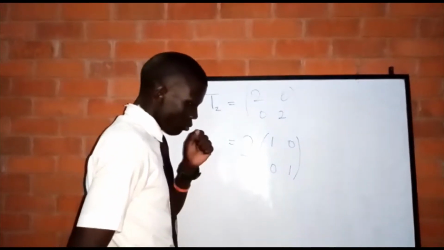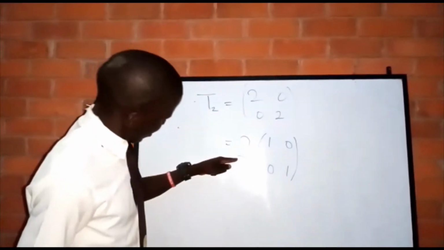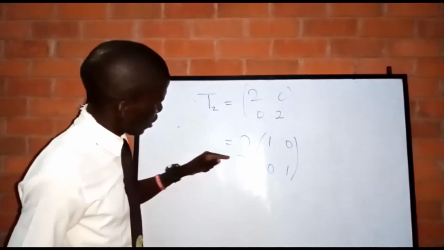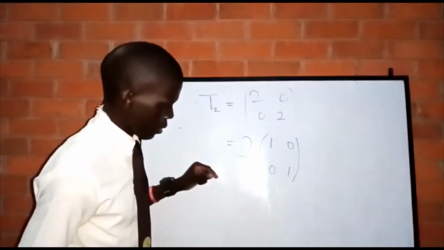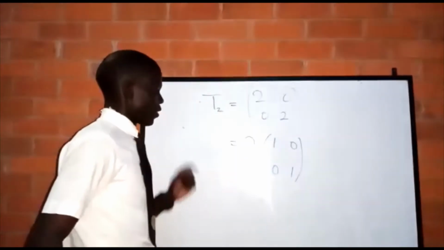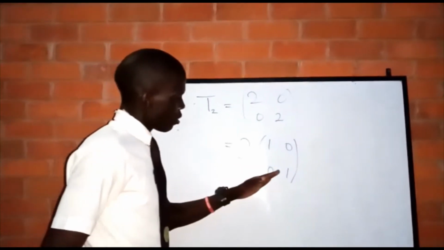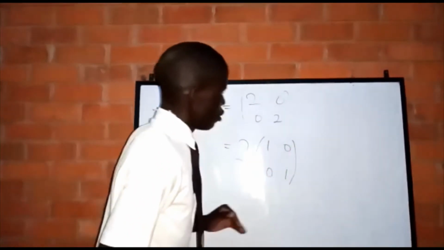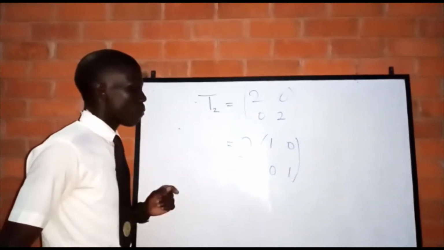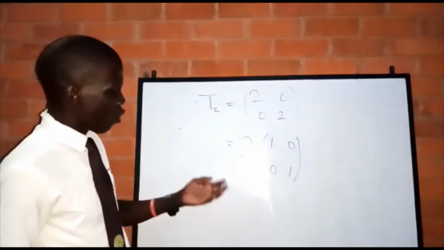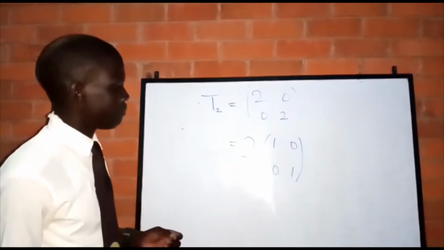So these 2 become the scale factor of our enlargement, with the center as (0, 0). From this we can go on and describe the matrix.